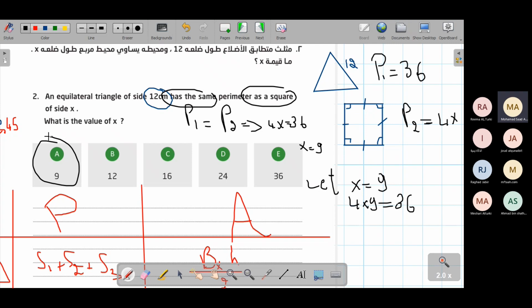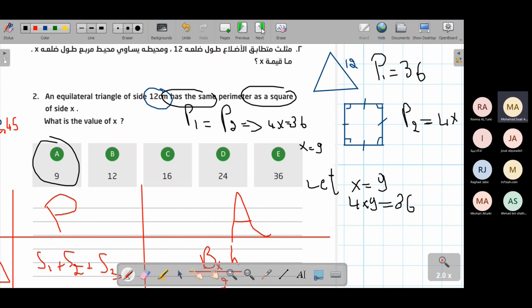So if it is not A or B or C or D, definitely our answer will be E. Okay? Any questions? So, Mr., the answer is 9, correct? Yes. Okay.